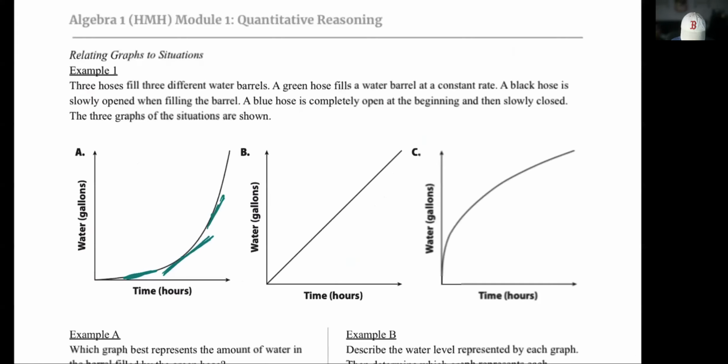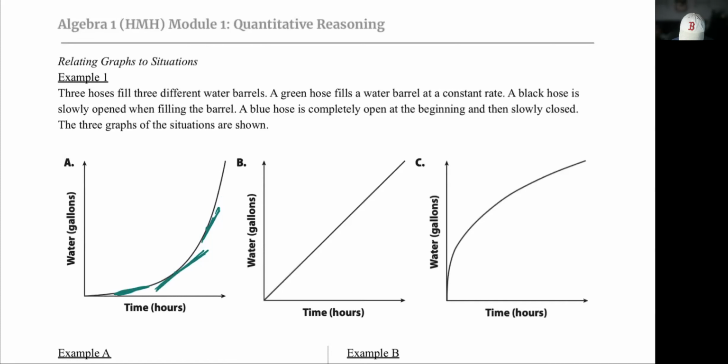But before we begin, I want to talk about the word slope, because it was alluded to earlier. So in this case, what is a slope? Slope is change in y over change in x, as you might have learned in the previous year. The change in y is the change in the amount of water, and the change in the x direction is time.